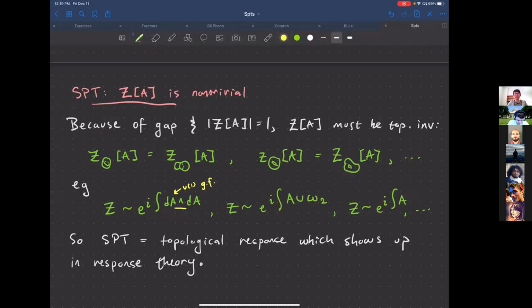Other examples: basically all the examples look something like this, where the partition function in the presence of these fields is some integral of the fields that is a topological invariant. Another example that you might see if you're reading papers looks something like this. Here A would be, for example, some U1 gauge field.